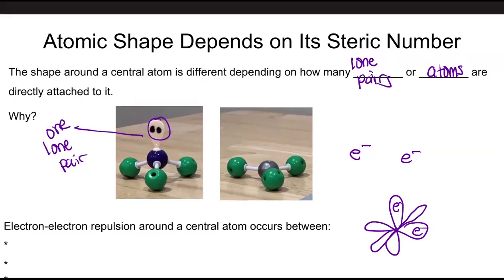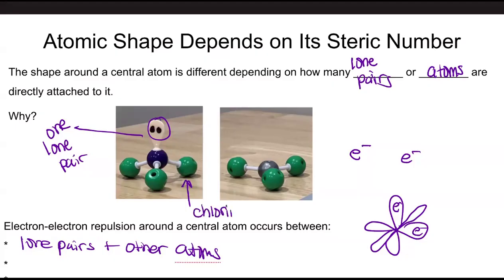Here, our electrons repel each other, and so they're going to be as far away from each other as they can. So electron-electron repulsion around the central atom occurs between lone pairs and other atoms. And just a reminder, let's say this green is chlorine. Chlorine has electrons, so it's not just a nucleus, it has also those electrons. So really what you have are the electrons repelling with other electrons.